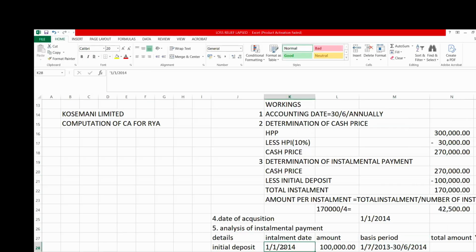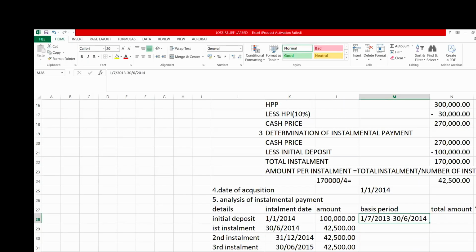This date, 1/1/2014, is in this basis period of 12 months. I also need 30/6/2014. It's the same thing; this basis period will still be applicable.